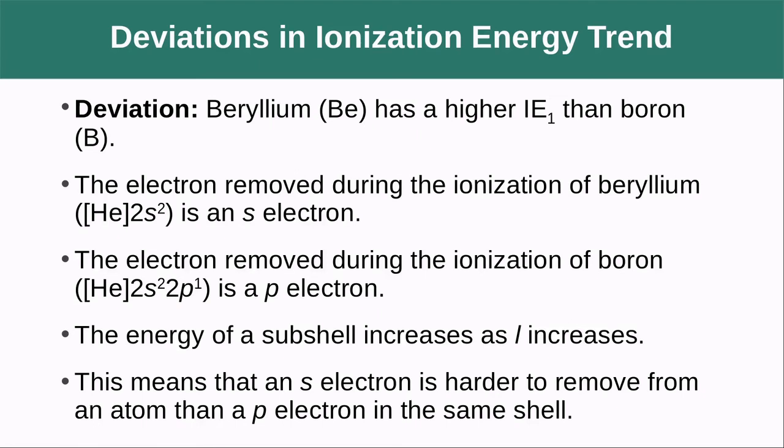Since the energy of the subshell increases as l increases, this means that a p electron is going to be easier to remove from an atom than an s electron in the same shell. So even though we would predict that beryllium would have a lower ionization energy than boron, because we're removing that electron from the s orbital, it's actually a little bit higher than it should be.